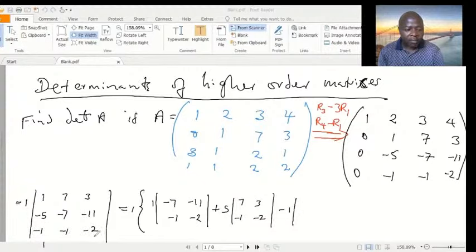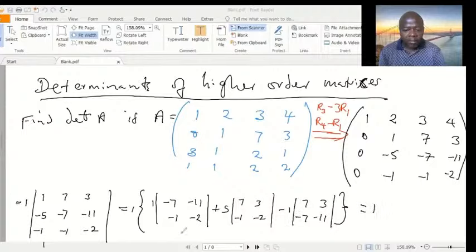Delete the row of negative 1 and the column of negative 1. And what you have is 7, 3 and negative 7, negative 11. So what is your answer here?